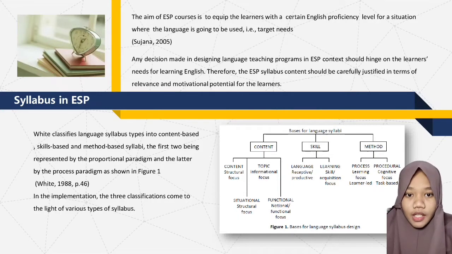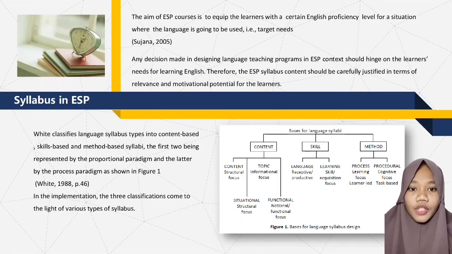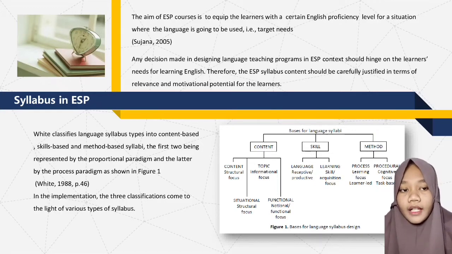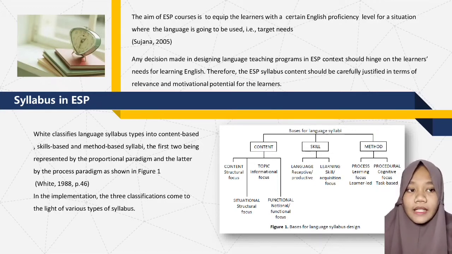Now, according to White's opinion in 1988, White classifies language syllabus types into content-based, skill-based, and method-based syllabi. The first two are represented by the propositional paradigm and the latter by the process paradigm, as shown in figure 1.